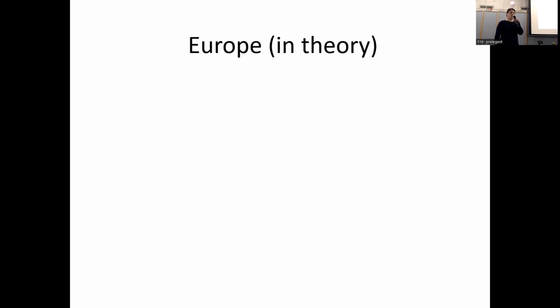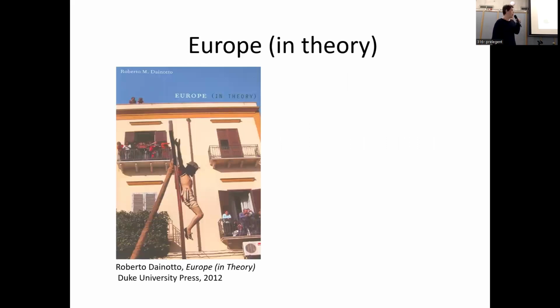This is a bit of a play on words, because Europe in theory is not only the title of a great book by Roberto Dainotto called Europe in Theory, with parentheses, whose cover foregrounds the importance of Christianity by placing a white and whitewashed Christ figure in the middle of the cover, being looked upon by, as those who know the book know, elderly Italian ladies commenting on the centrality of the Christ figure, but in a way underlining the fact that this is a very Christian and very Catholic place from which the book speaks.